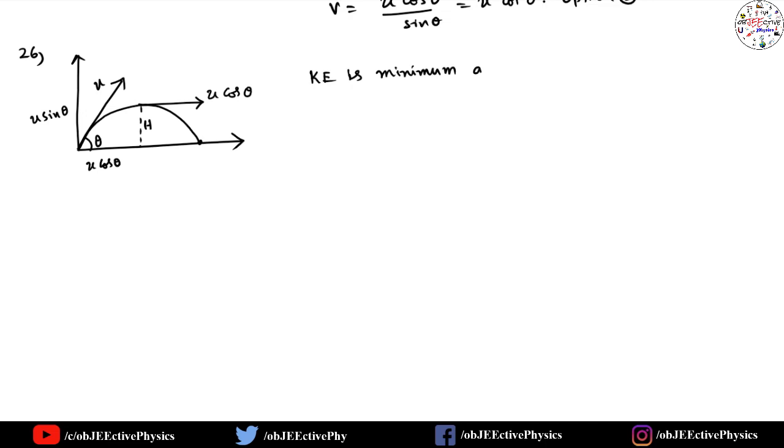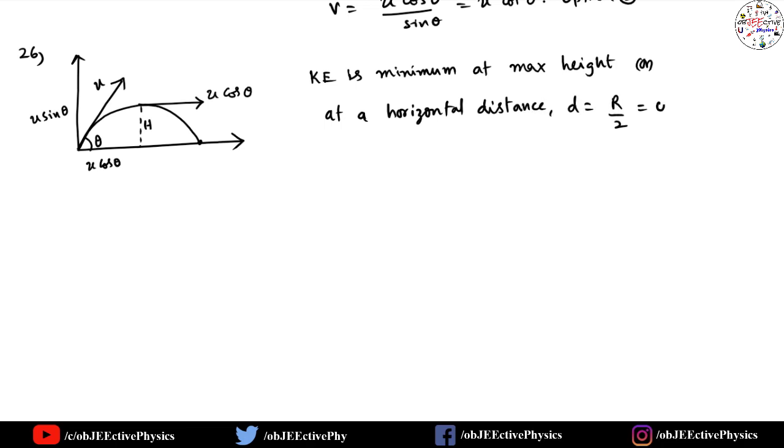KE is minimum at maximum height, or at a horizontal distance D equal to half of the range, that is 0.5 R, that is option 2.